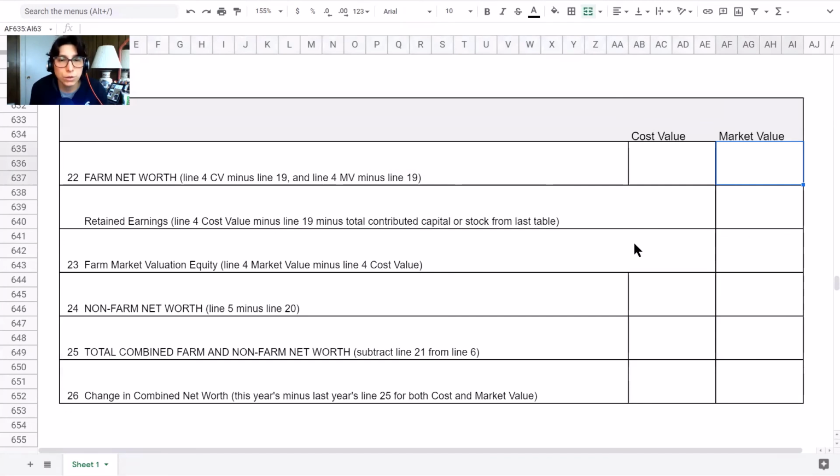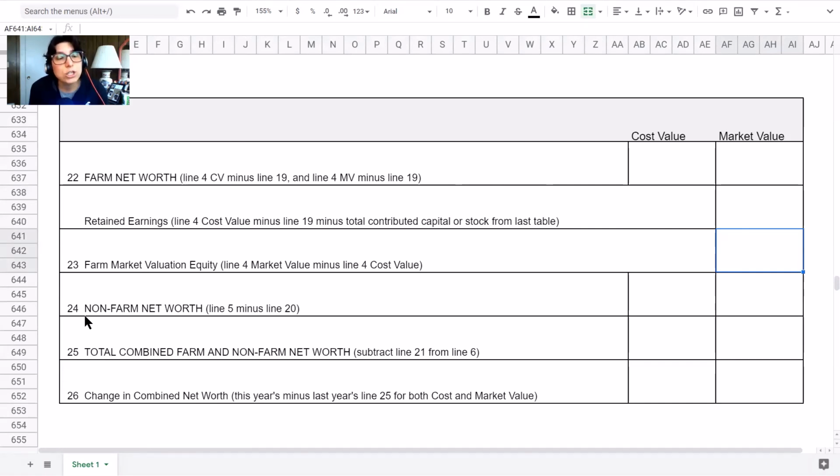If you do, you subtract that as well. Okay, and this is just one number, you put that there. Then you have the farm market valuation equity, which is line 4, total assets, but market value minus line 4, total assets, cost value. That gives you farm market valuation equity, and you put that here.